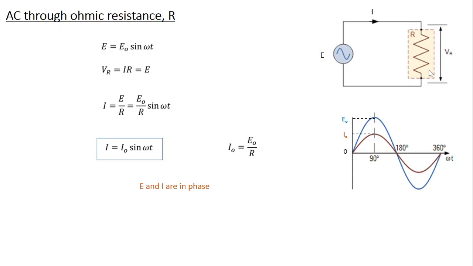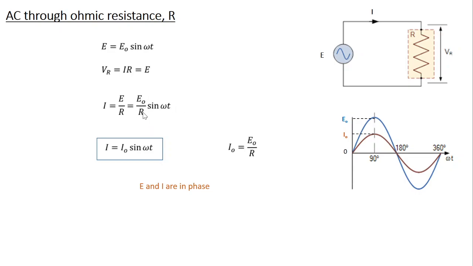Since we have only a single resistor in this circuit, the entire applied voltage E is going to drop across the resistance. So you can write potential drop VR equal to E. From this you can write the instantaneous value of current I equal to E by R, expand E in terms of E naught. This is E naught sine omega t by R.